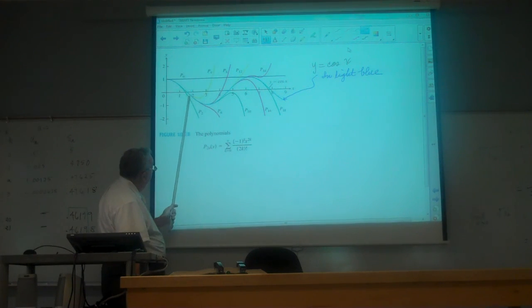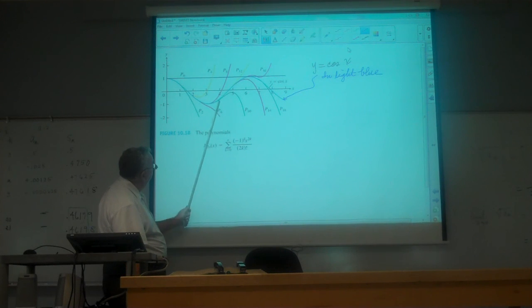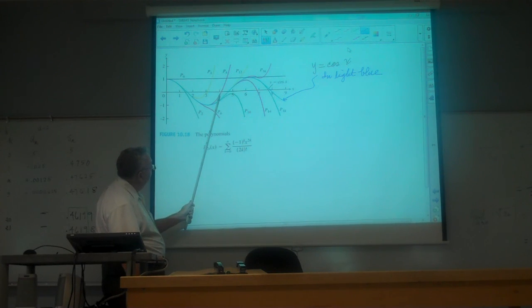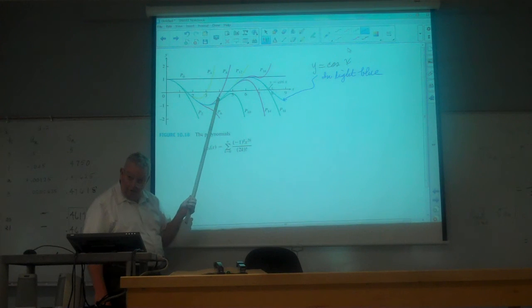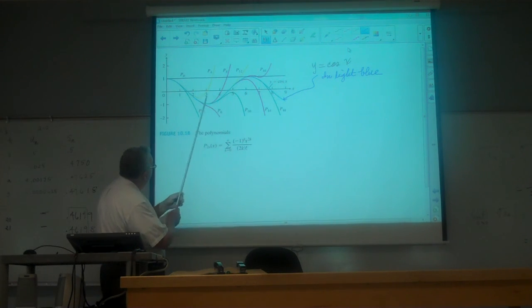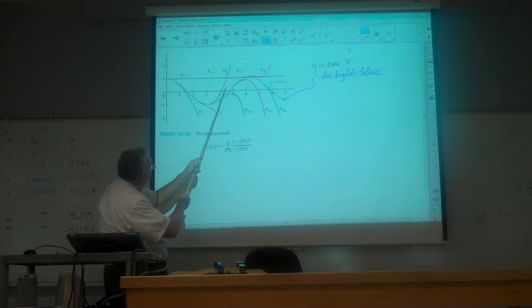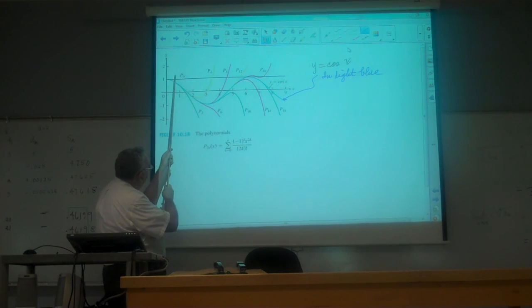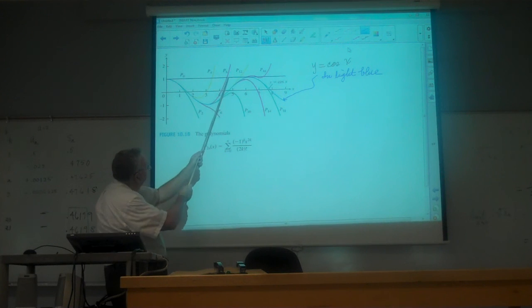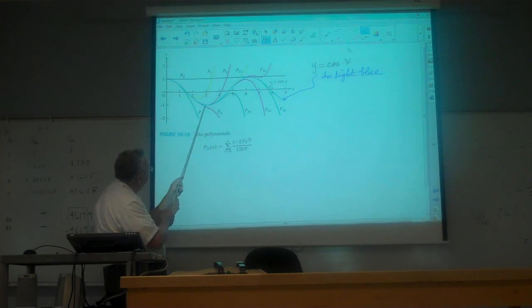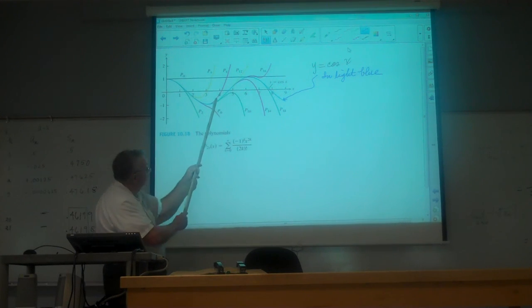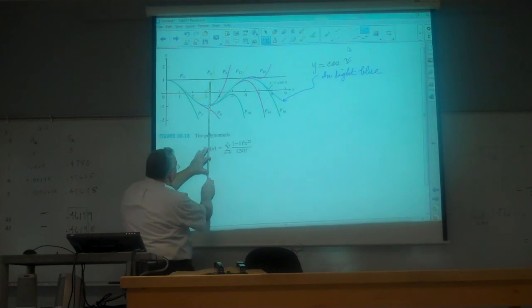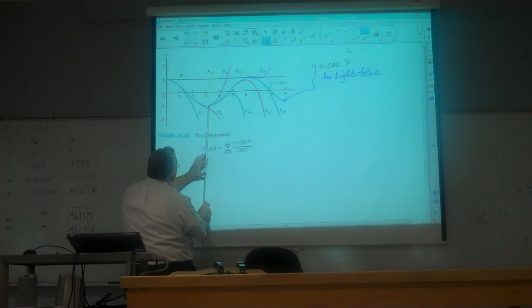So n equal 4 will have an x to the 4th term in it. And that purple line, I'm sorry, that's n equal 8, goes right along with it. Do you see that? So n equal 8 is good from here back to here.